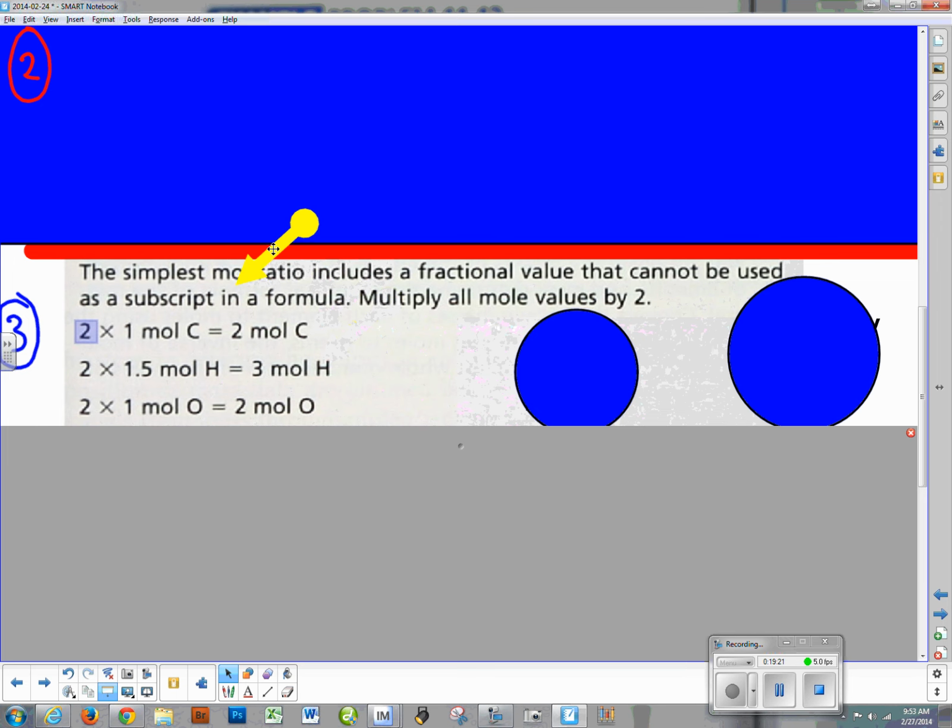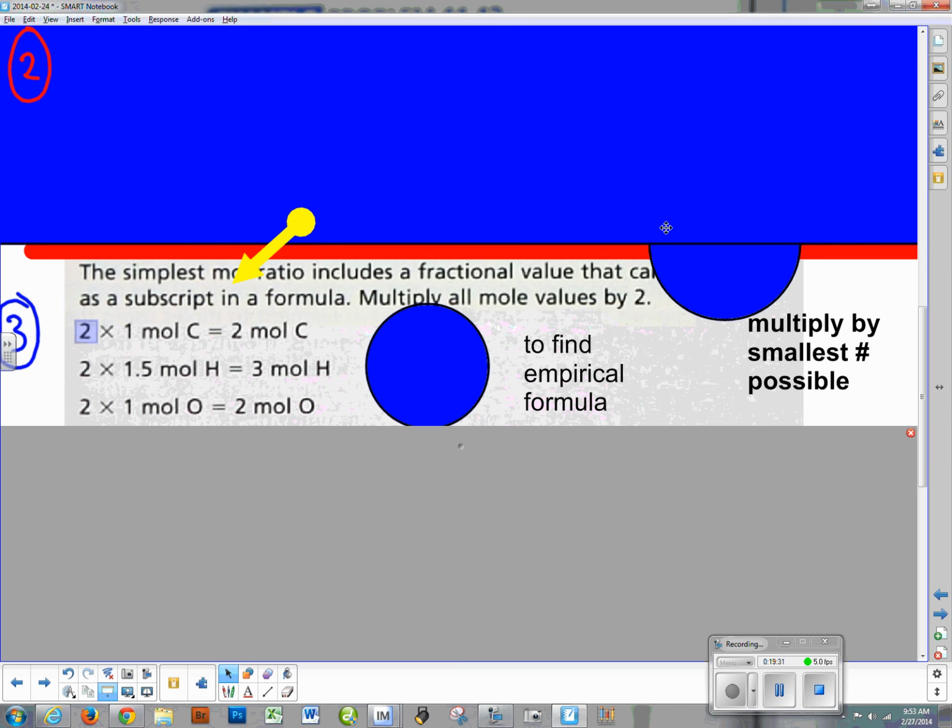By multiplying them all by the same number, we wind up with the ratio being preserved. And so we're multiplying the smallest number possible, 2, because if we multiplied by 1, it wouldn't do anything, would it?